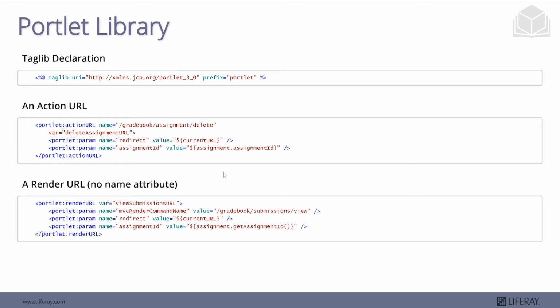Again, as review, within each one of those URLs, there's going to be a very specific parameter that we need to pass. With the action URL, it's going to be that first name. It kind of looks like a directory. And the render URL, right, we want that name-value pair, the value of MVC render command name. All of that is made possible in part by Portlet 3.0.